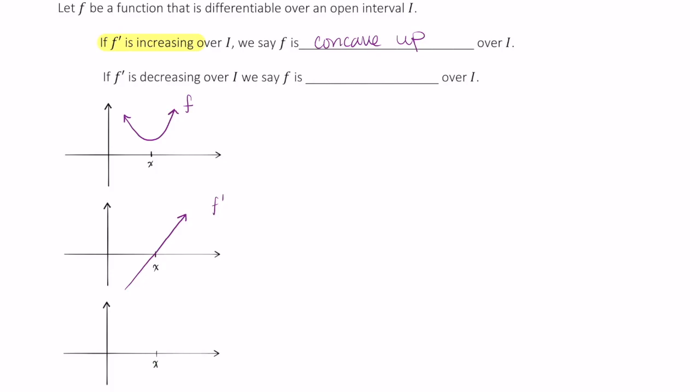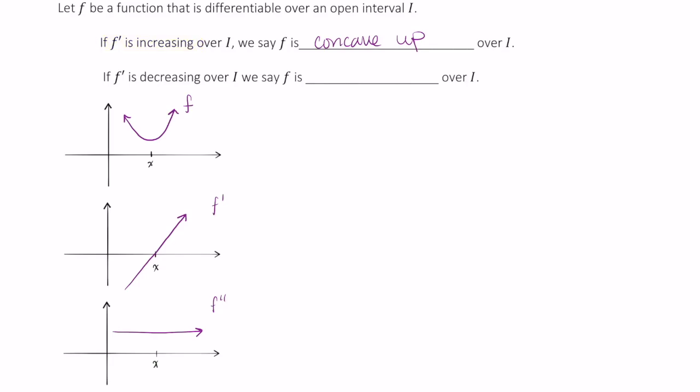The first derivative has a positive slope. That means the second derivative is going to be completely above the x-axis. So f double prime would be here. And let's put a pin in this. Hold on to this concept until we get to the test for concavity lower down on this page.